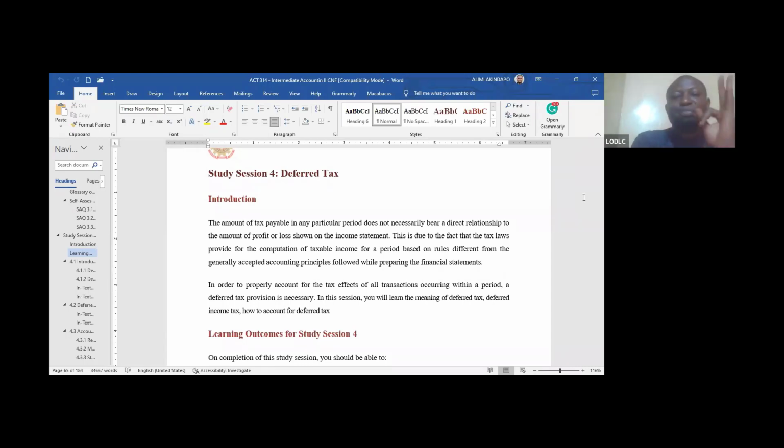Accounting profit is the profit or loss for a period before deducting the tax expense. The taxable profit is the profit or loss for a period determined in accordance with the law, upon which income taxes are payable.